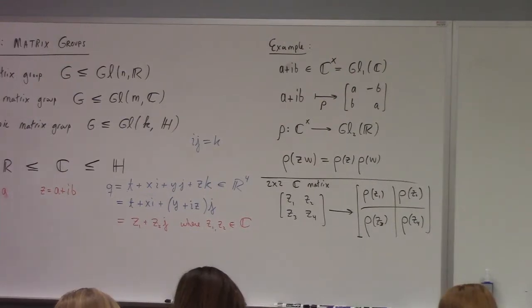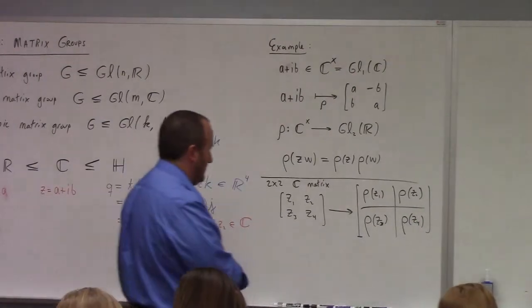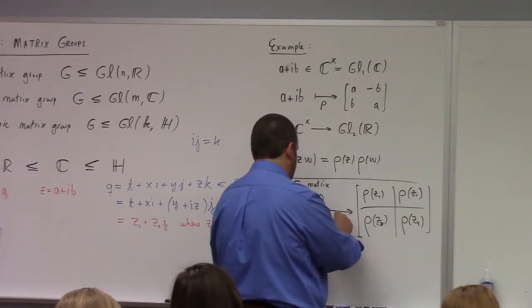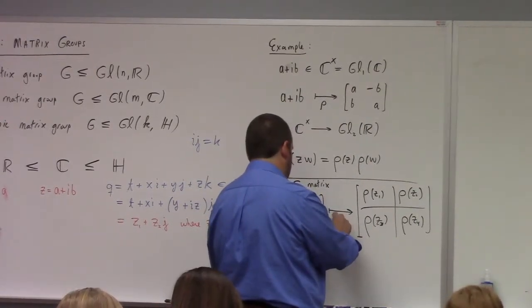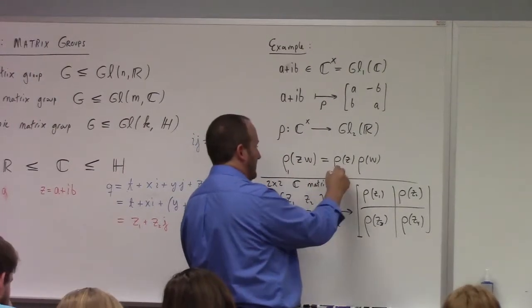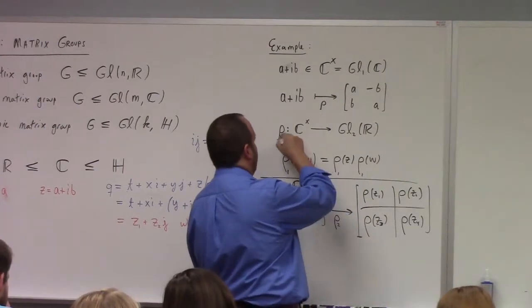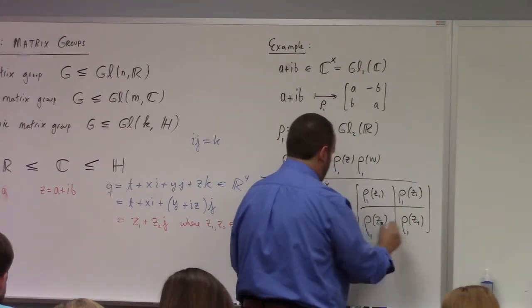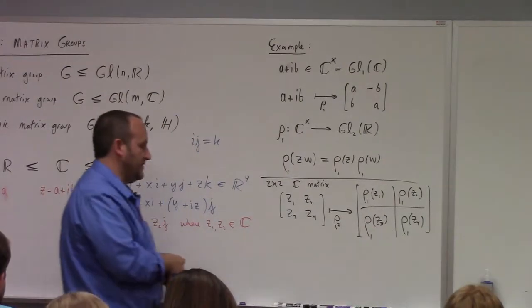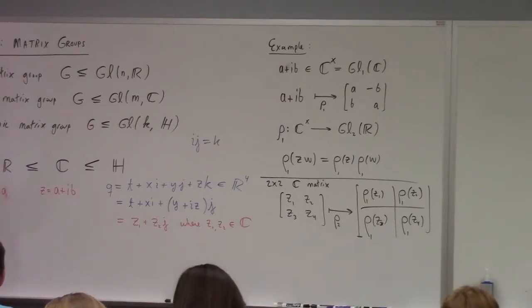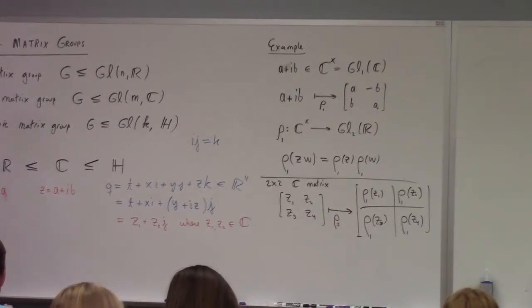So you could, maybe this is rho 2, and the one I had up here was rho 1. So how big is the image in rho 2 by 2? What's that? It's blocks, right? A 2 by 2, a 2 by 2, a 2 by 2, a 2 by 2. That's a 4 by 4 real matrix.